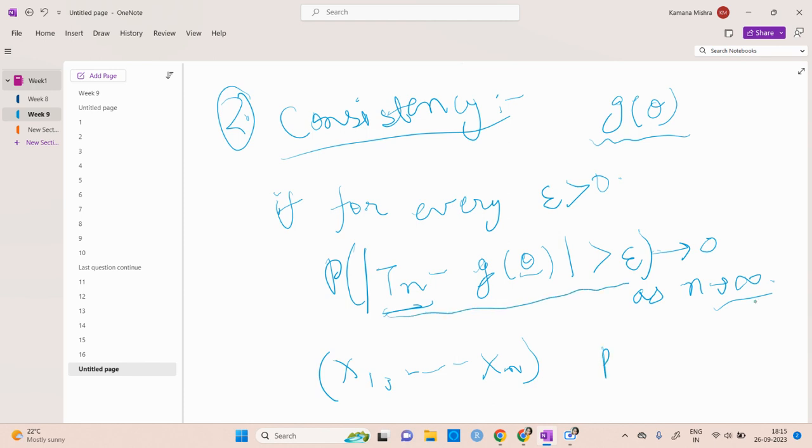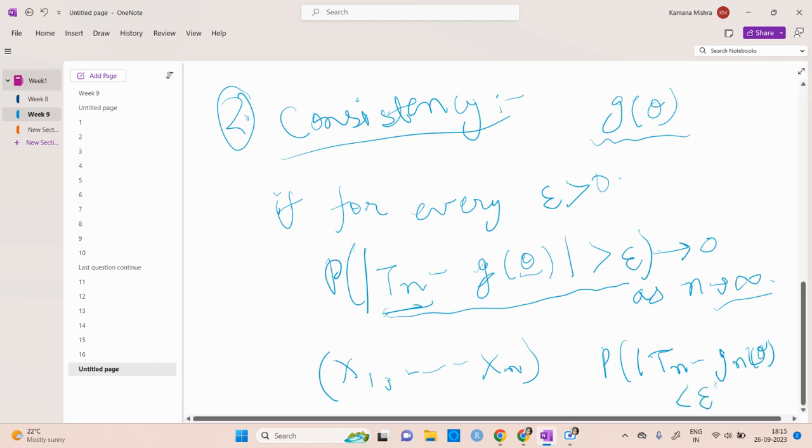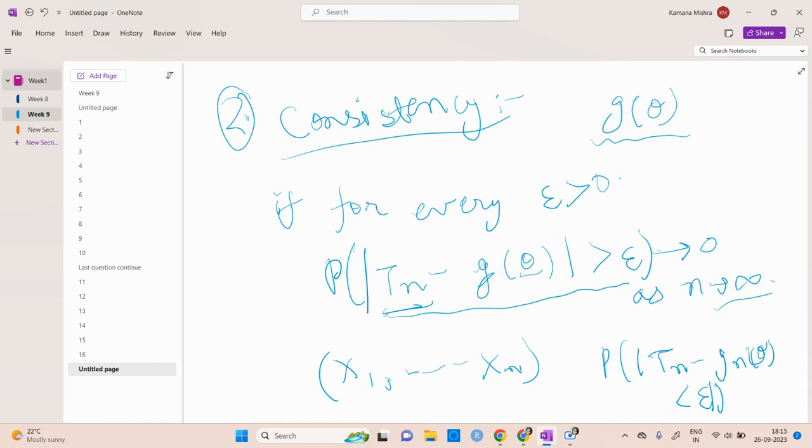What it means is that if we do the opposite, Tn minus gn(theta) less than epsilon, it will be just 1 minus this. If the probability of something greater than epsilon goes to 0, then less than epsilon goes to 1.